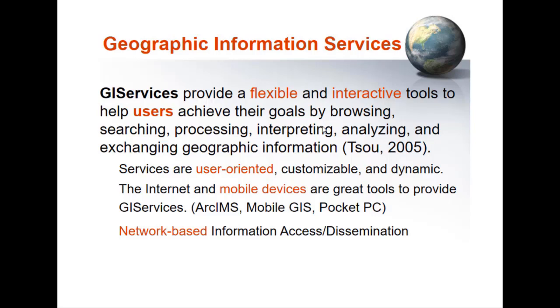These services are user oriented, customizable and dynamic. The internet and mobile devices are great tools to provide GIS services. So apart from the desktop and laptop, GIS nowadays is also accessible on smartphones. That is called mobile GIS.